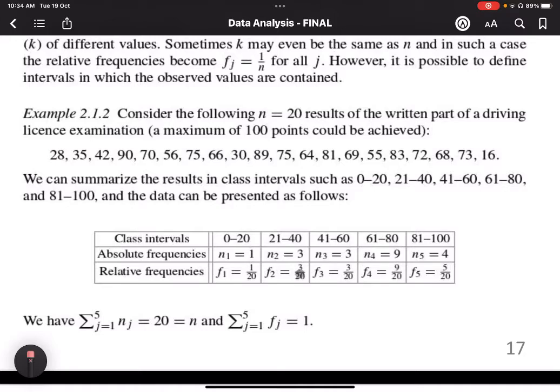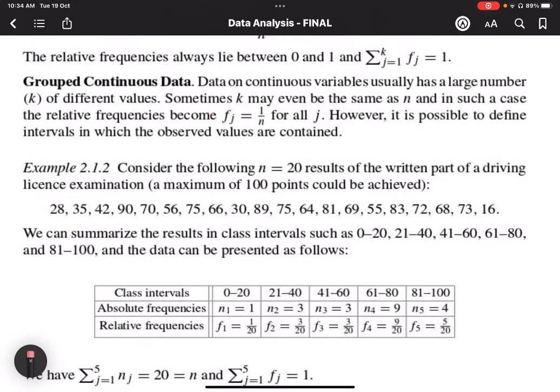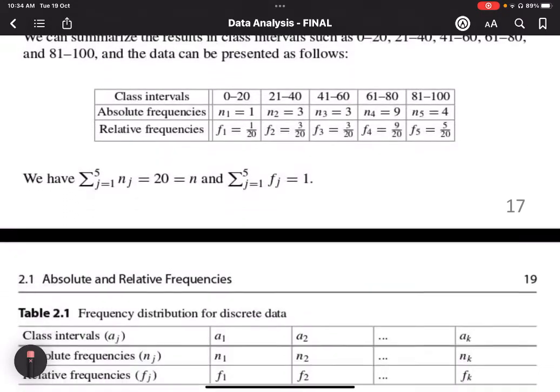So we have 3 over 20 here, 3 over 20, 9 over 20, and 5 over 20. And using the summation formula, we have summation over j equals 1 to 5, nj equals 20. Okay? But this is for the absolute, no? And for the relative frequency, we have summation over j equals 1 to 5, Fj equals 1, no? So laging ang ratio nila is between 0 and 1.